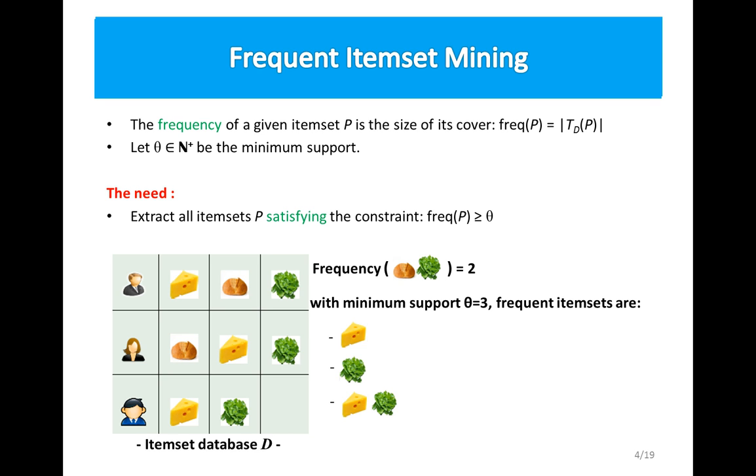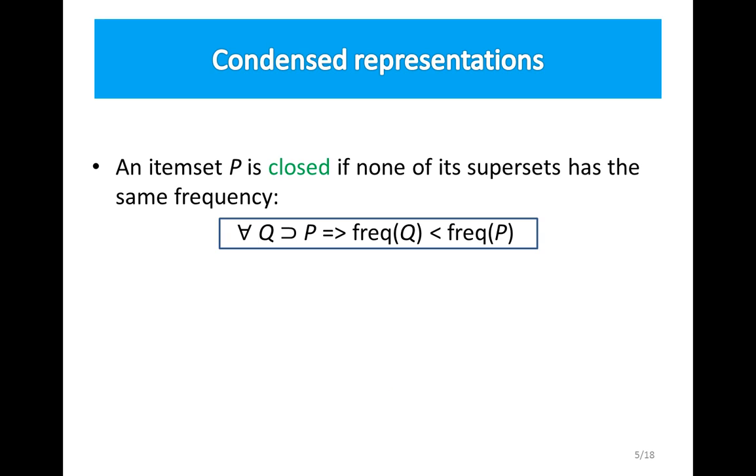It is important to know that the number of frequent item sets is often large, so it was important to identify a compact representation of the frequent item sets, and one of these compact representations is closed item sets. An item set is called closed if none of its supersets has the same support.